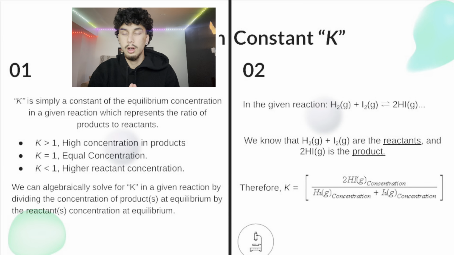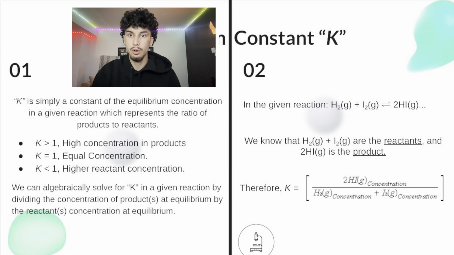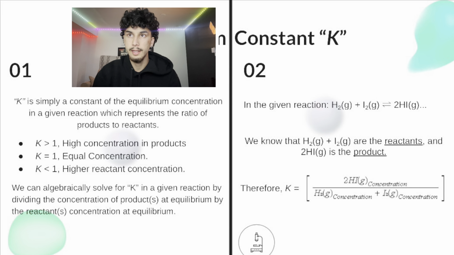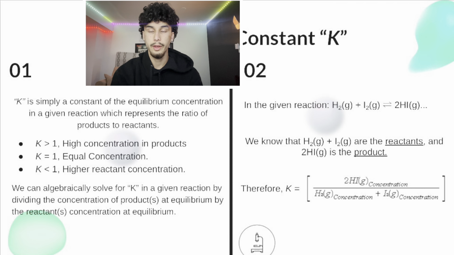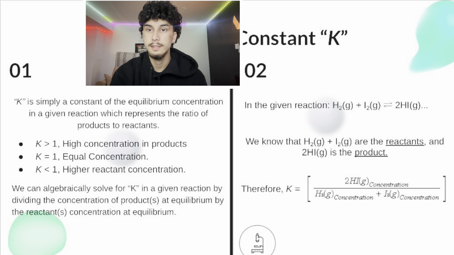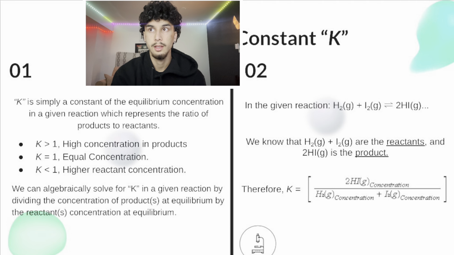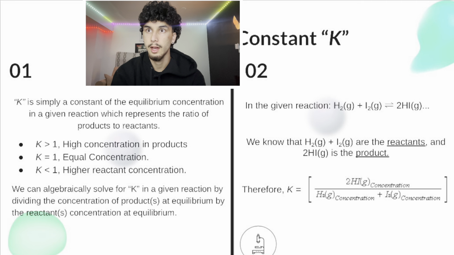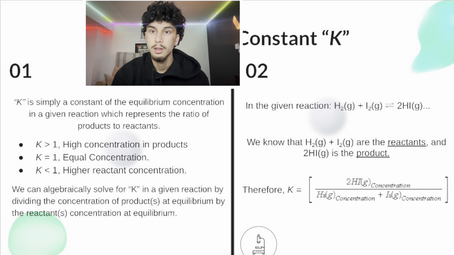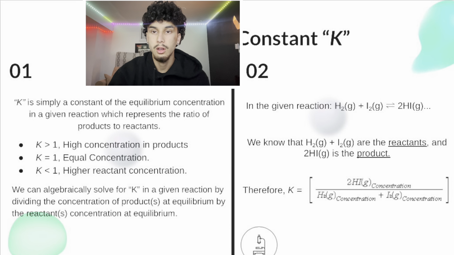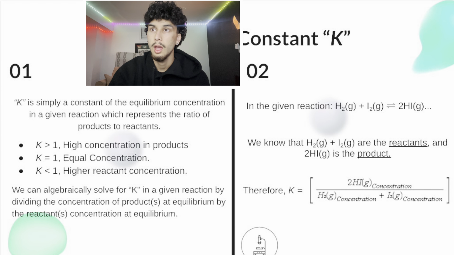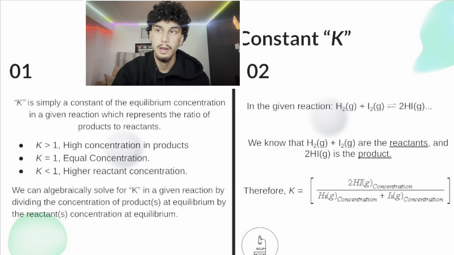It's simply any given magnitude, which can show the ratio of products to reactants in any given reaction. Okay, as we look to the right side of the slide, we can see that hydrogen gas plus iodine gas yields 2 moles of hydrogen iodide gas. And so we know, obviously, the compounds on the right side are simply the products, and the compounds on the left side are simply the reactants.